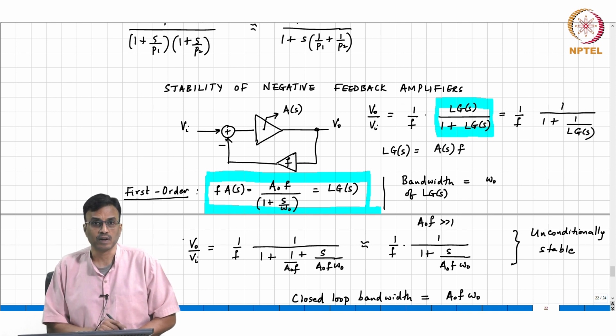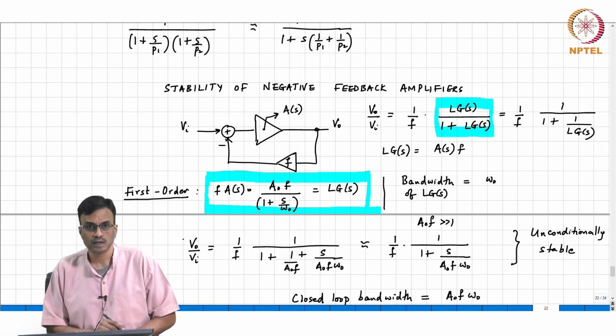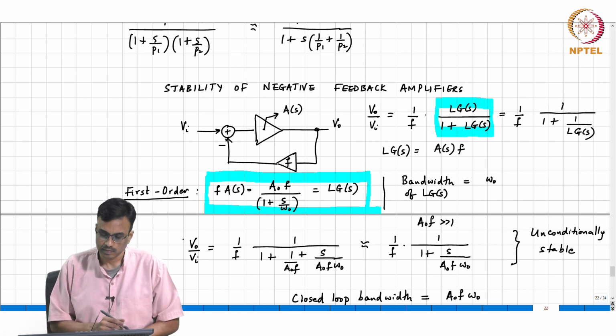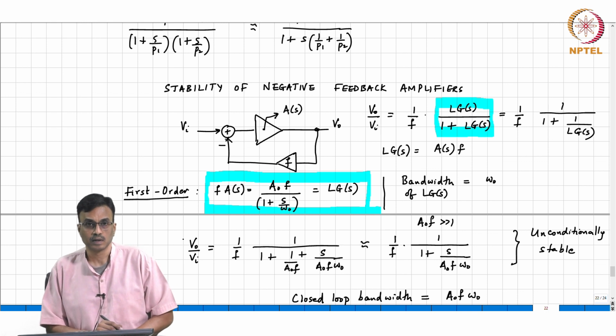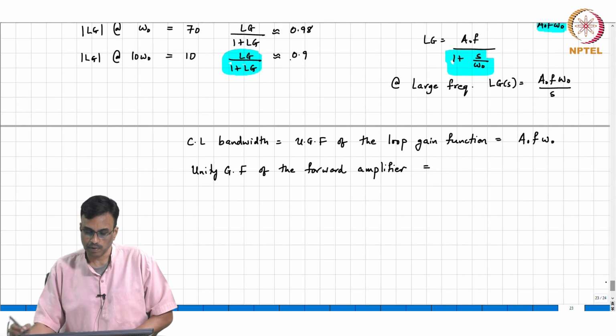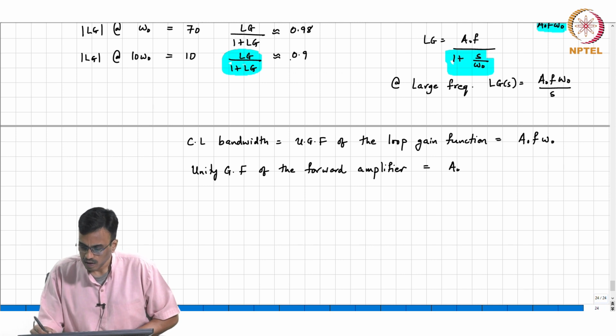What is this transfer function? So what is the unity gain frequency of the forward amplifier? A naught omega naught, right.